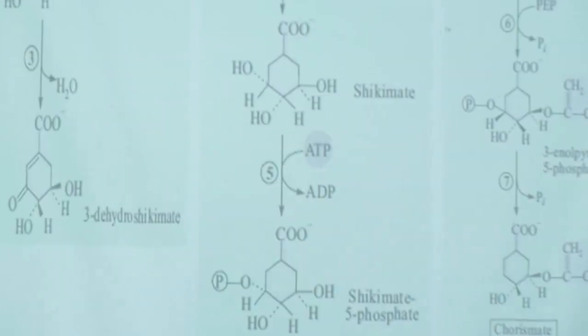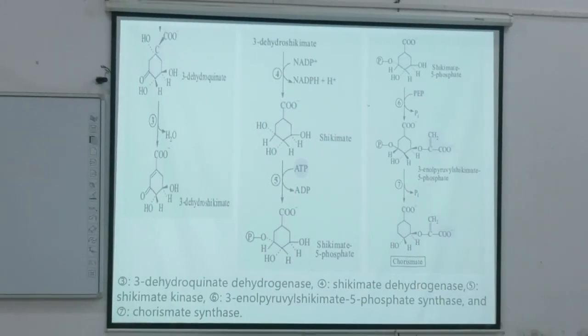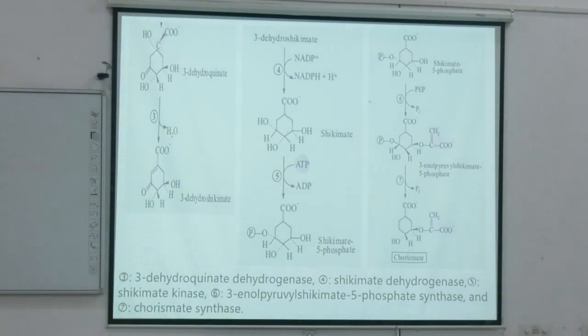This shikimate 5-phosphate will then again condense with phosphoenol pyruvate to form enolpyruvyl shikimate 3-phosphate. Then it will lose a phosphate and give rise to chorismate.